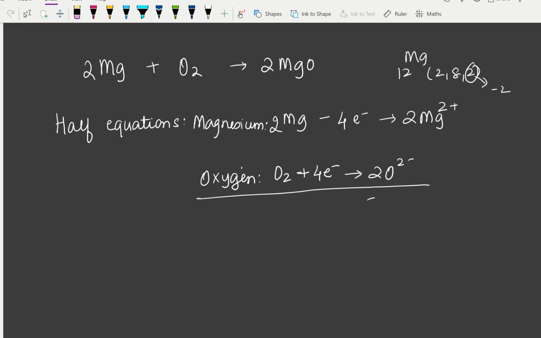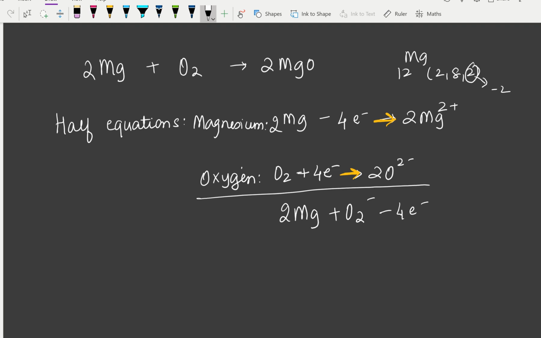So now this becomes 2 Mg plus O2 gives, and I need to write the electrons.